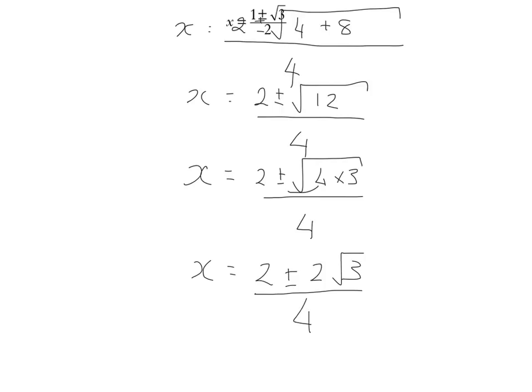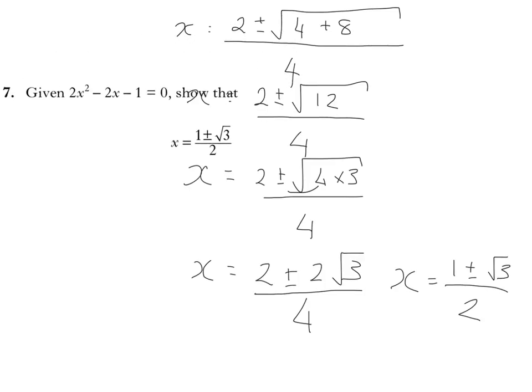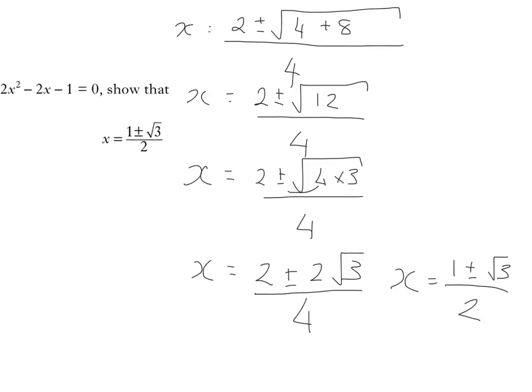We're getting close to the answer, so what we can do now is divide everything by 2, top and bottom. And that will be 1 plus or minus root 3 over 2. And as you can see, that's the final answer to the question.